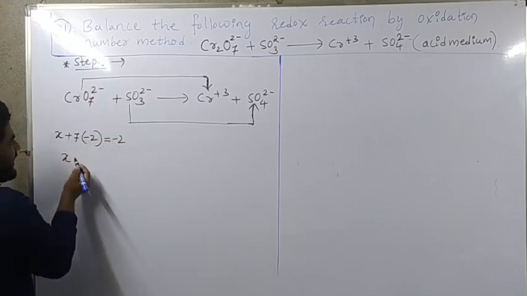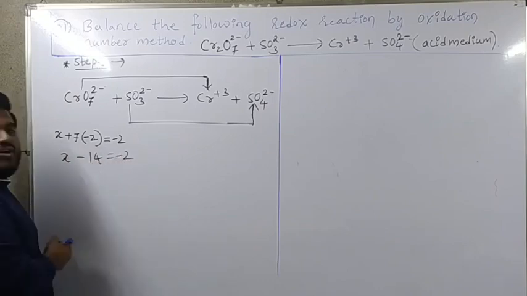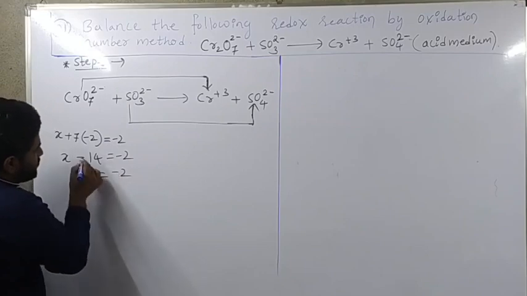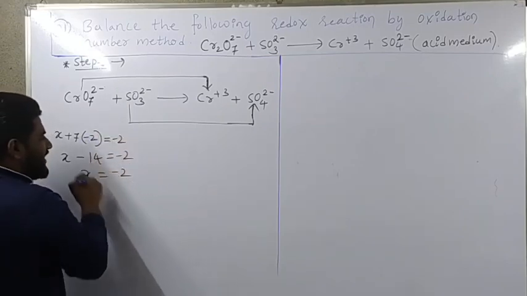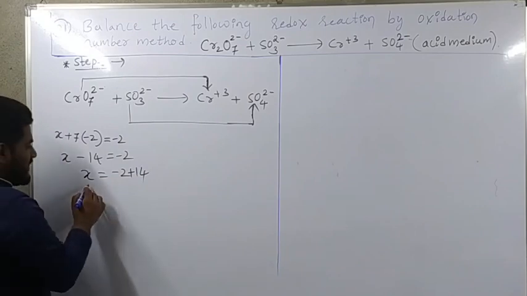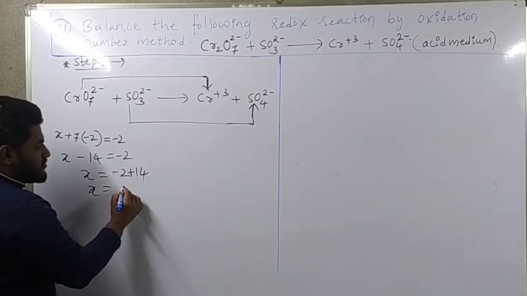So X plus 7 times minus 2, that is minus 14, is equal to minus 2. Then X equals minus 2 minus 14; if you take that side it becomes plus 14. So how much are you getting? Plus 14 minus 2 is 12.